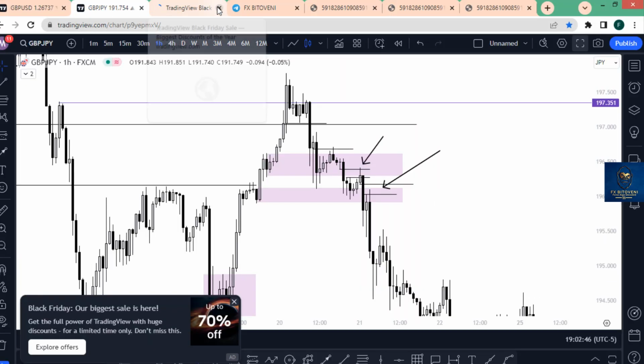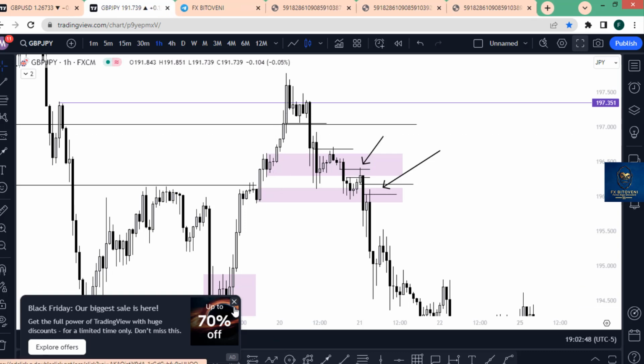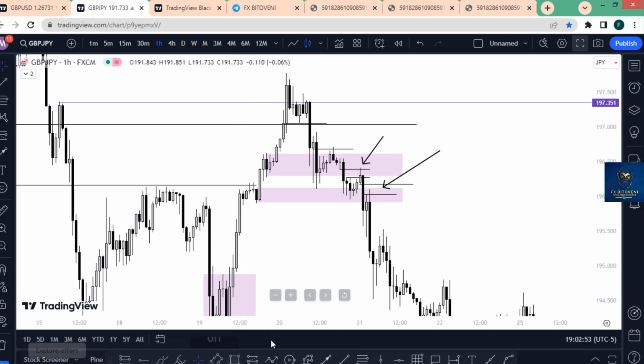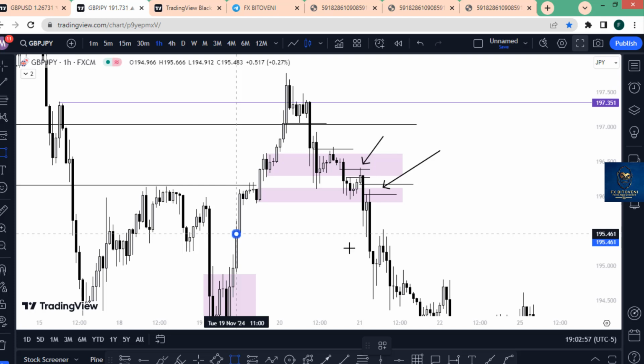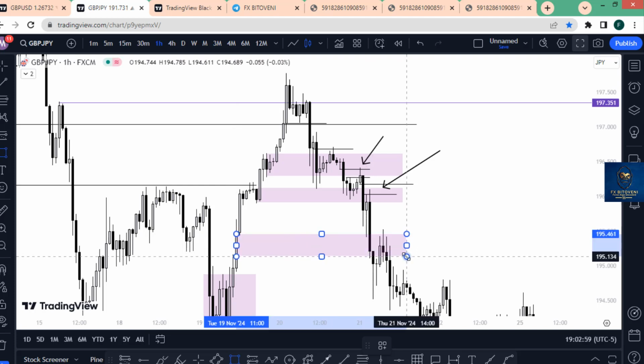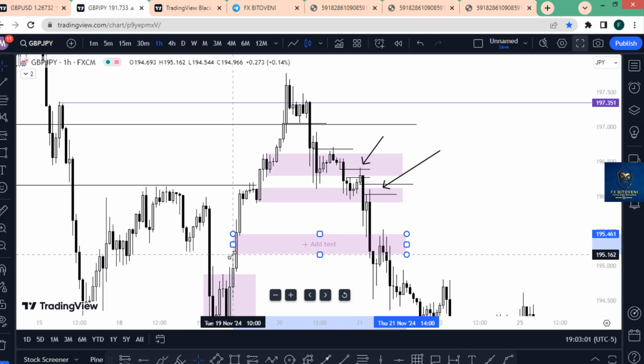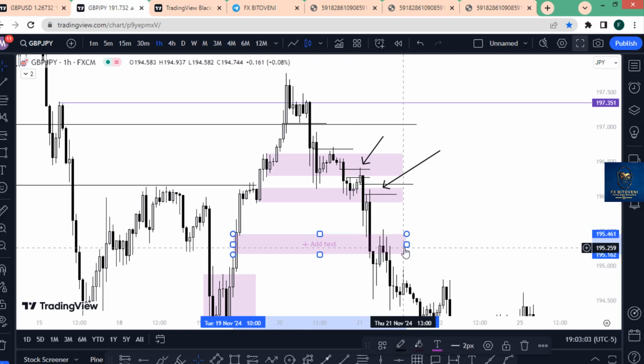So price keeps going. So guys, price keeps going, and this was another opportunity which we are not going to talk about today.